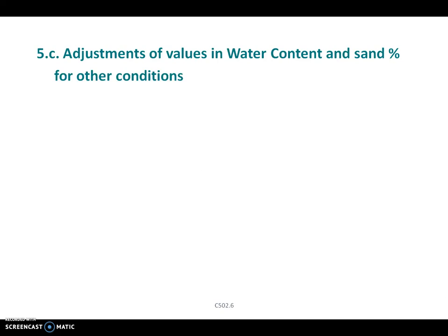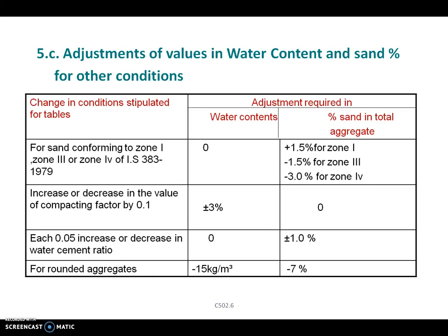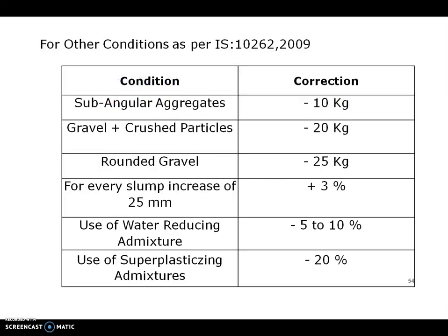Adjustment of value of water content and percentage of sand for other conditions. This table shows the other conditions as per the IS 10262 2009. If the aggregate is subangular, then it decreases 10 kg.